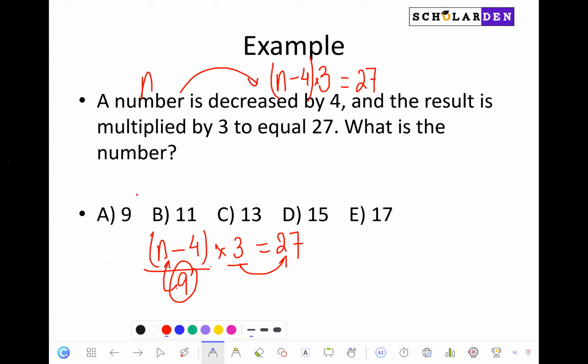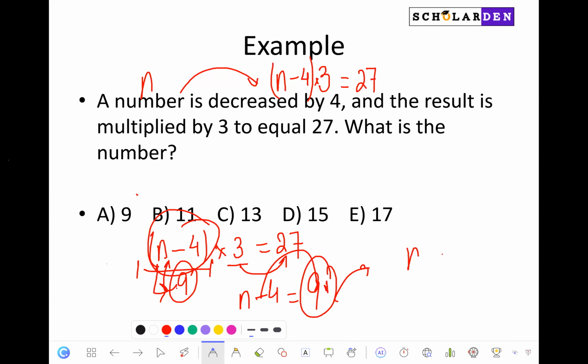So this entire thing in brackets must be 9, because this times 3 gives you 27. So the number decreased by 4 is actually 9. So we take 4 to the other side, or we simply increase this value by 4 to get back to the original number. So n minus 4 is equal to 9. We take 4 to the other side, and we get n is equal to 13.